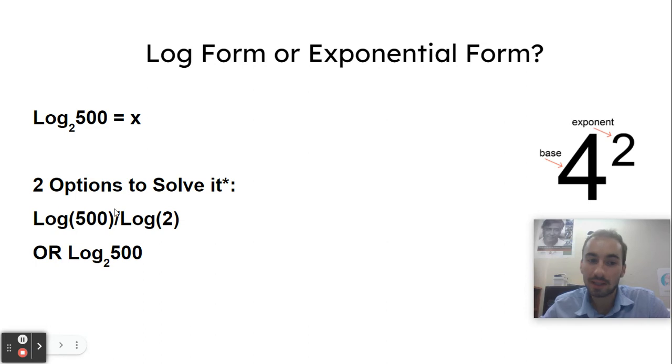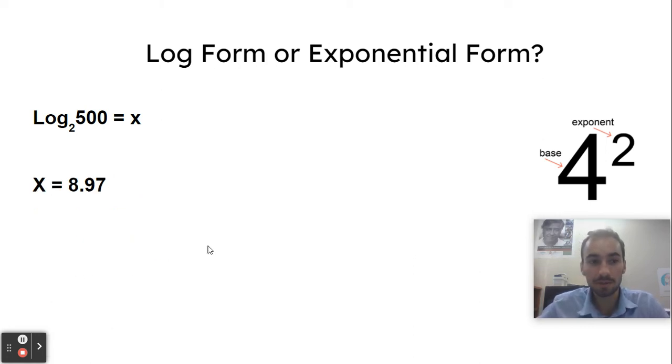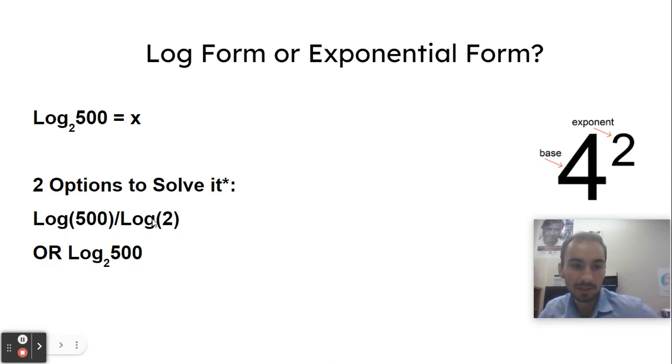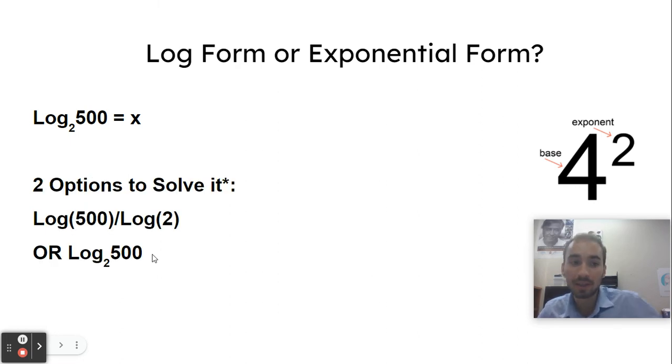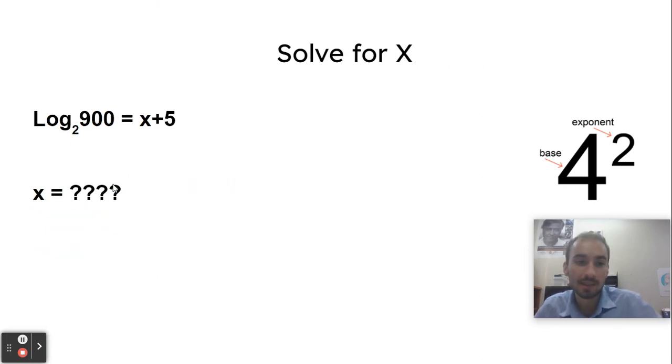You could put it in like this, log of 500 divided by log of 2, or you can use the button, if you have it on your calculator, log 2 500. And if you do it right, you should get 8.97. So you either put this in your calculator or this. The whole point of it is because x is in the exponent.